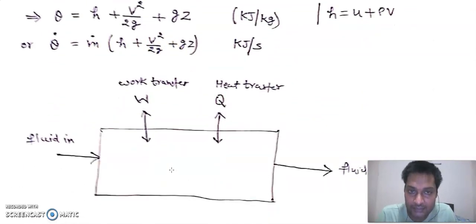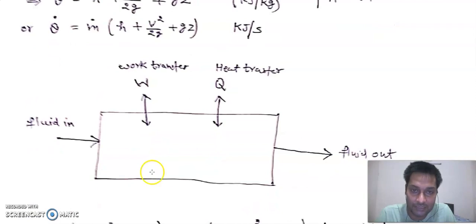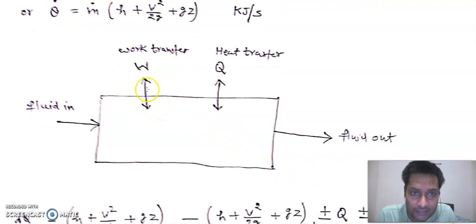Let's take an example for energy balance. For example, we have a closed system in which here is the fluid inlet and here is the fluid outlet. In this control volume there is some energy transfer, that may be energy gained by the system or lost by the system.